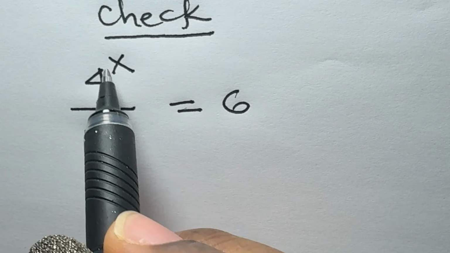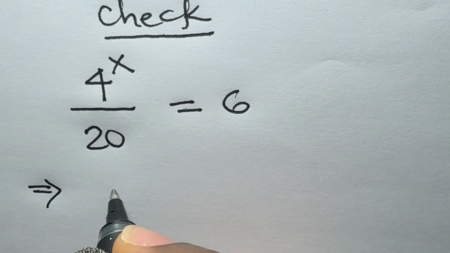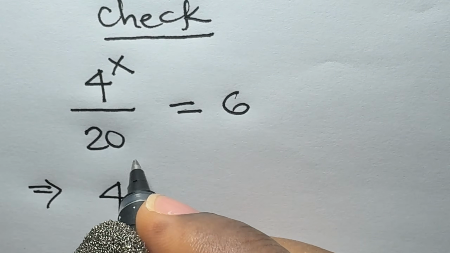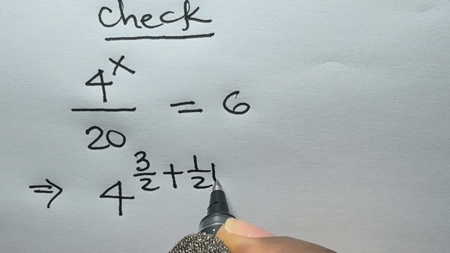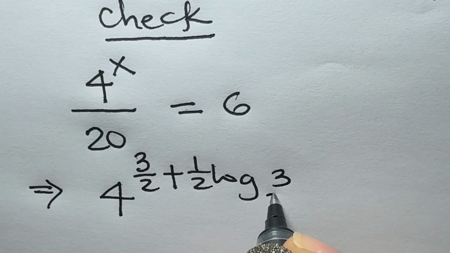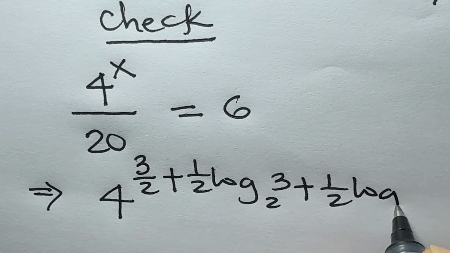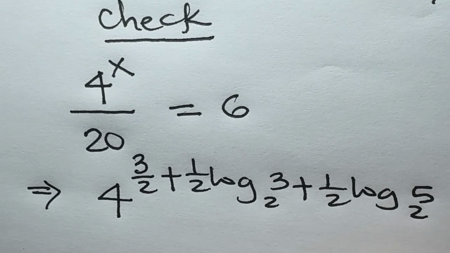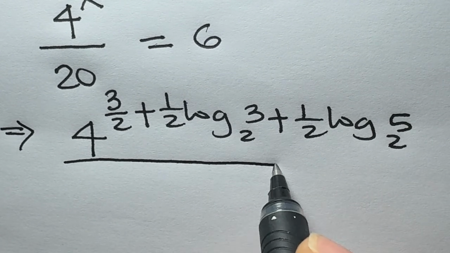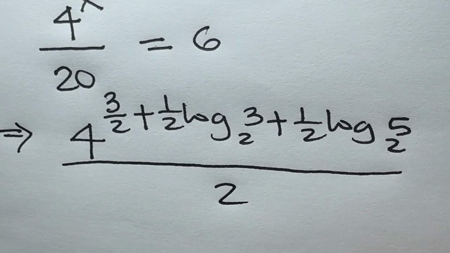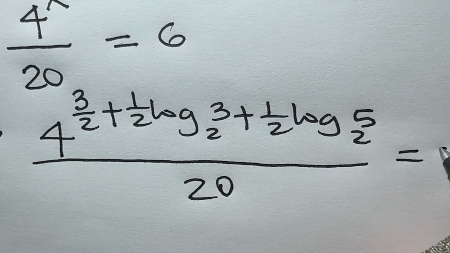So substituting the value we got for x into this equation, this will imply 4 raised to power, we got 3 over 2 plus 1 over 2 log 3 base 2 plus 1 over 2 log 5 base 2, then divided by 20 is supposed to give us 6.